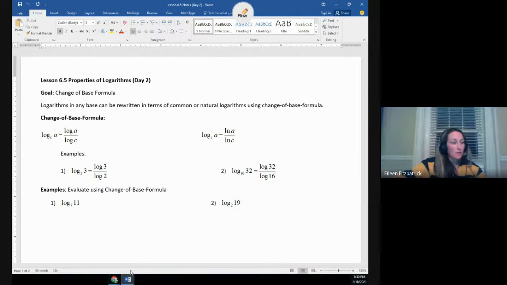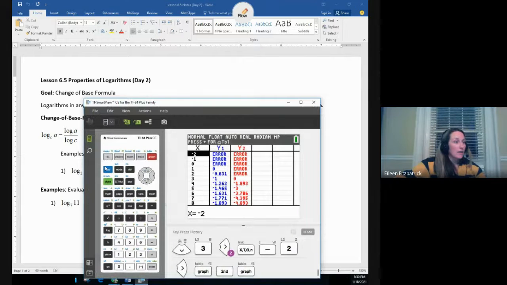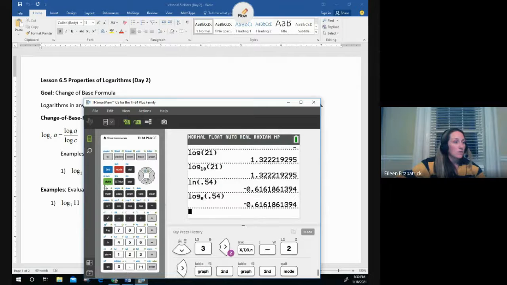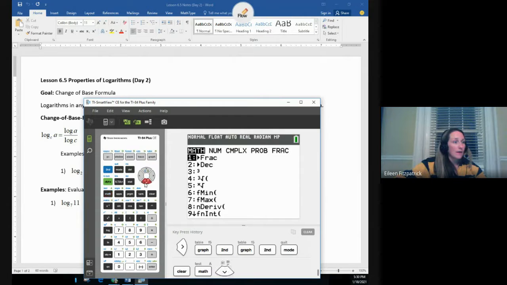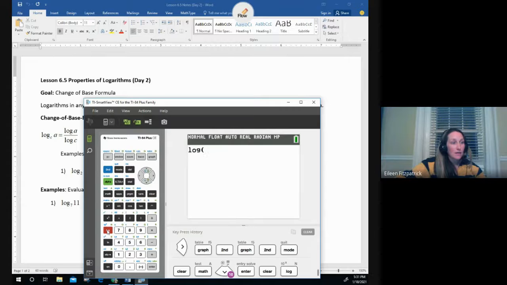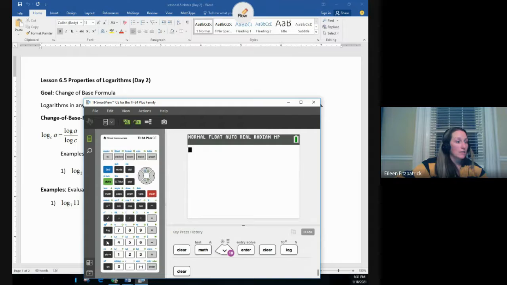When I pull up my calculator, I can go to math and put in whatever base value I want. But scientific calculators just have this log button where the base is already 10. It's a common base. Common base is 10. And same thing with ln. It has an ln button, but the ln base is e.